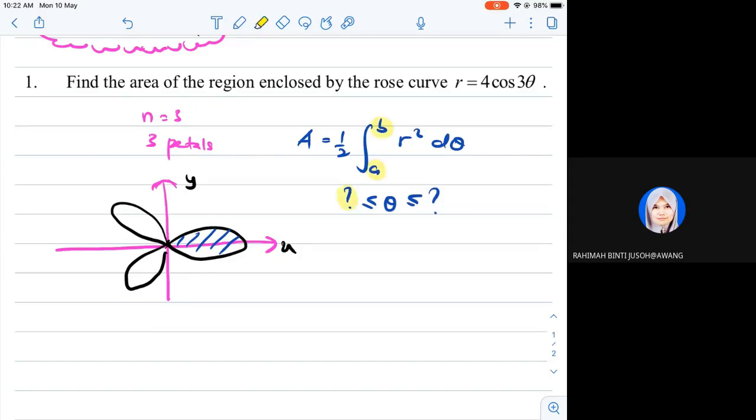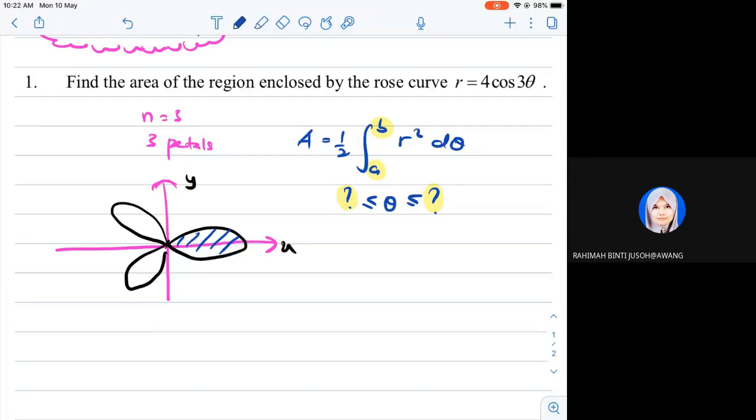Here should be a, here should be b. This is only for one petal. For this type of question, it's better to calculate one petal and then multiply by the number of petals. Later I will show you, I have to multiply the integration by 3 because we have 3 petals. Right now we just focus on the first petal.